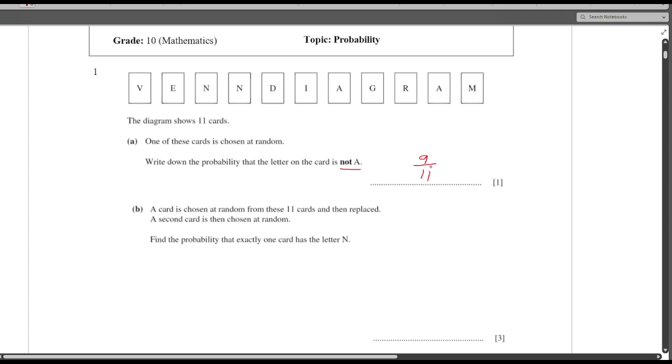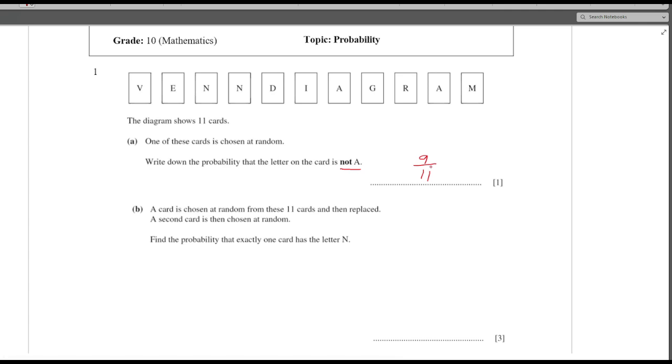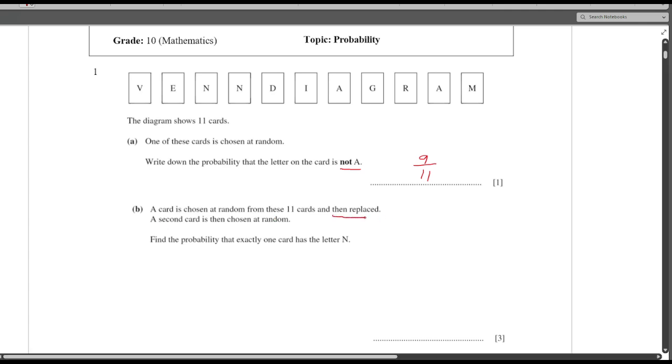The second question is, a card is chosen at random from these 11 cards and then replaced. A second card is then chosen at random. Find the probability that exactly one card has the letter N. Now here you have to pay attention to the words "then replaced".